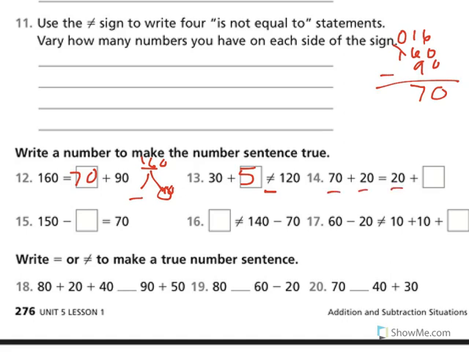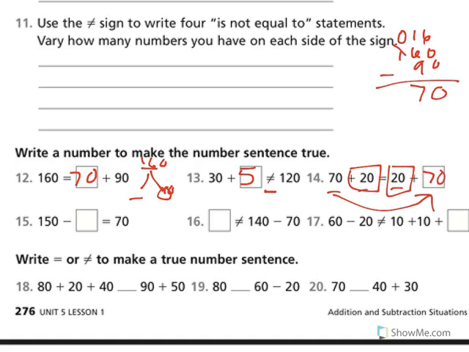And then this one over here, 70 plus 20 equals 20 plus what? Now, there's only one thing that can go in there, and if you think about it like this, 70 plus 20 equals 20 plus what? 20 is already in both of them, so the only thing that could go in here is that 70 for them to be the same amount, right?